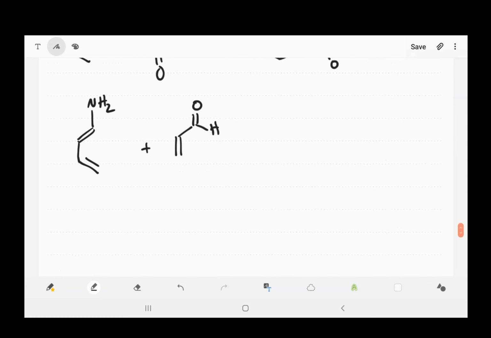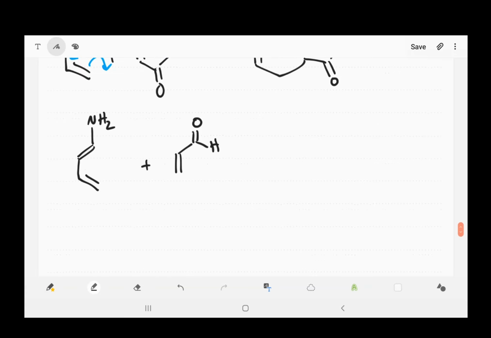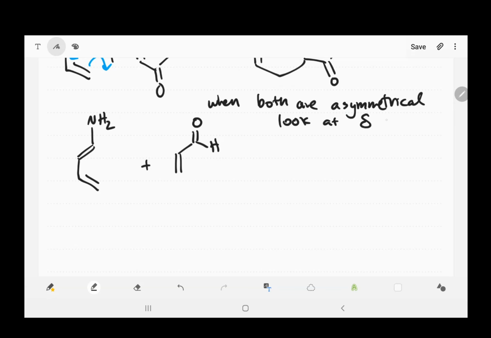With an asymmetrical, when both are asymmetrical, we need to look at partial charges. And how the heck are we going to get partial charges here? Well, the answer, let's go ahead and do some resonating. And let's see where partial charges might be located on these molecules.